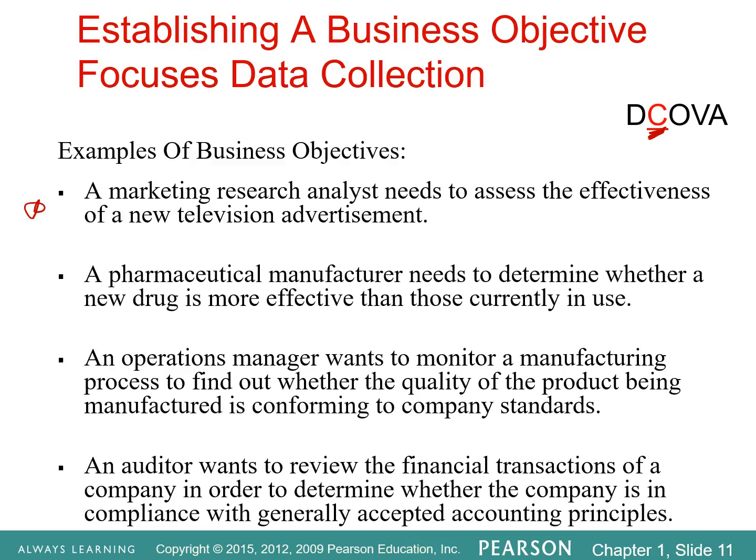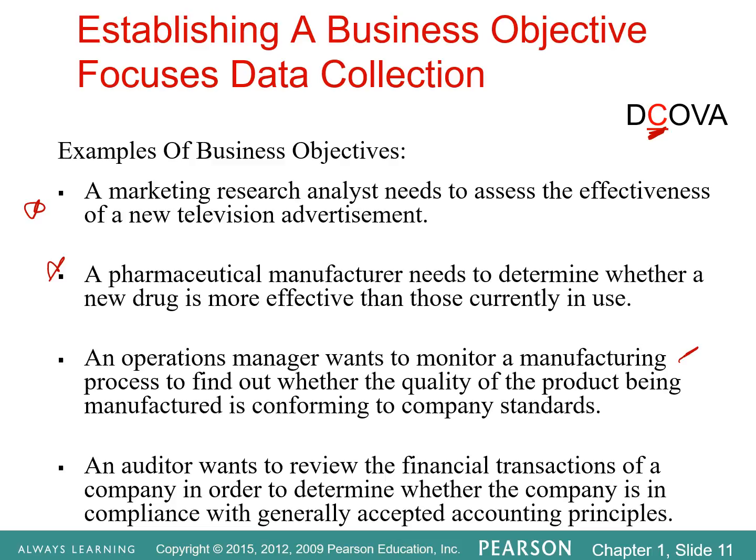Second one, a pharmaceutical manufacturer needs to determine whether a new drug is more effective than those currently in use, they would do a statistical study for that. An operations manager wants to monitor manufacturing processes to find out whether the quality of a product being manufactured actually conforms to company standards.